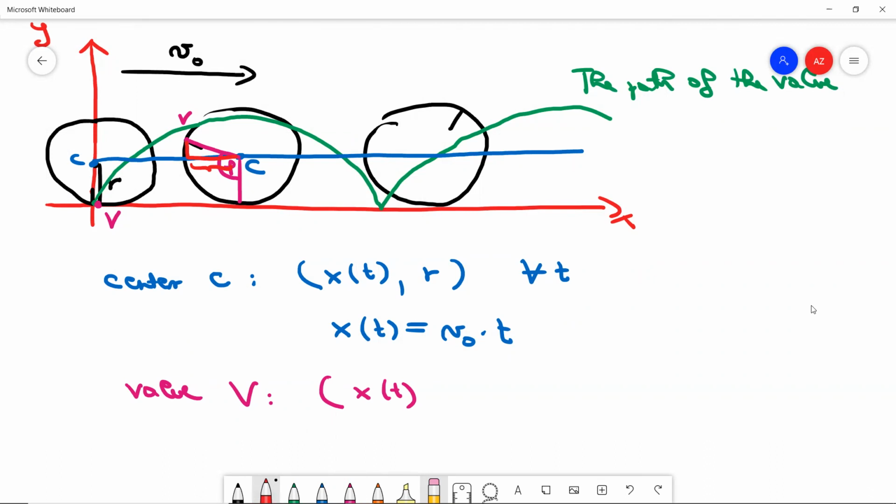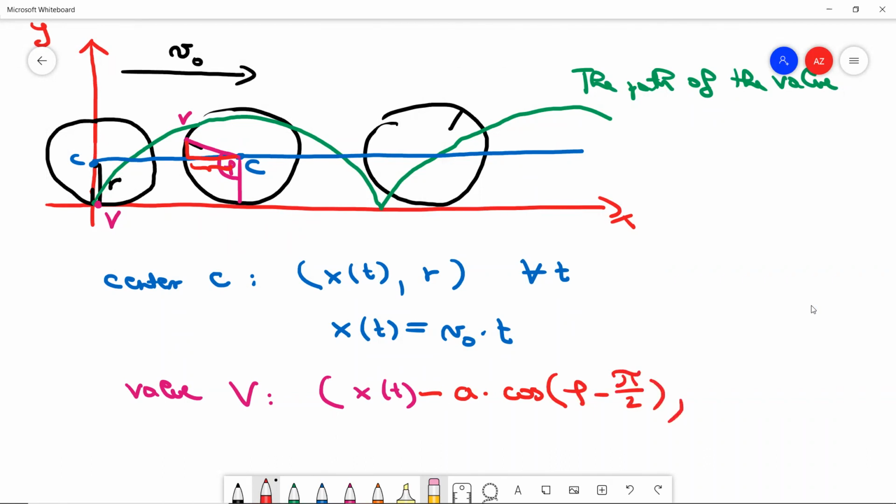In this picture, when phi is bigger than 90 degrees, it's times cosine. So x of t minus a times cosine of phi minus pi over 2.